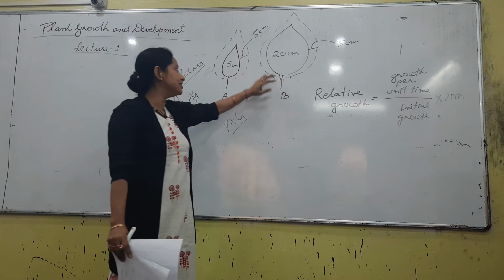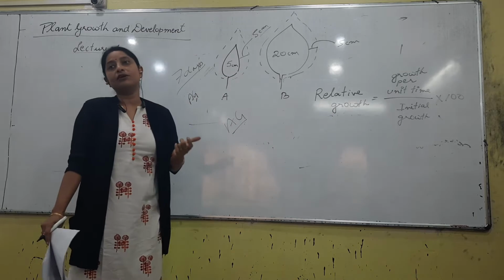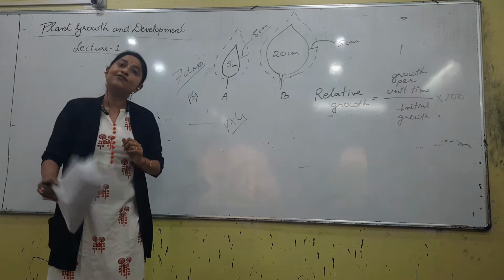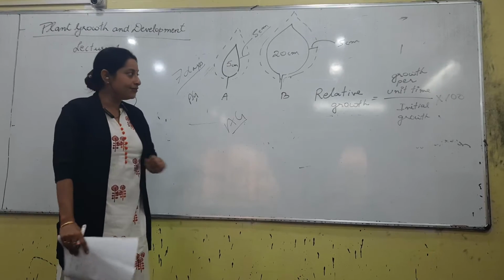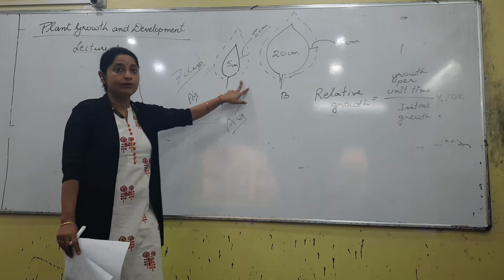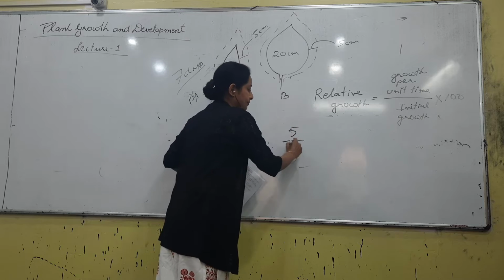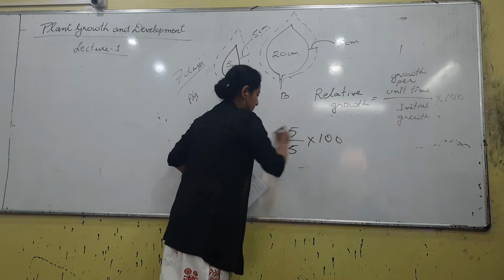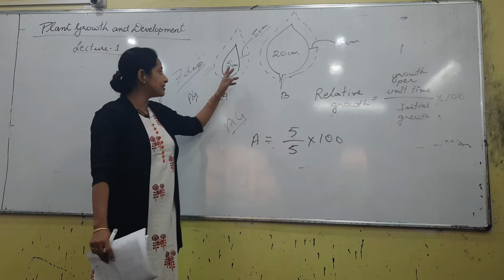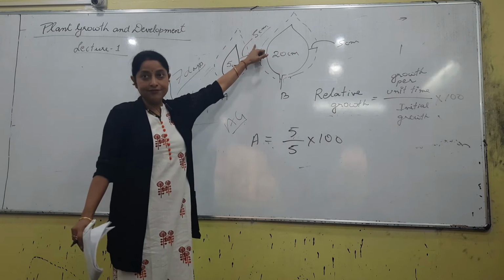And if you don't consider initial, A is also growing by 5, B is also growing by 5, both of them are growing by 5, so they have the same absolute growth, but they have different relative growth, right? Different relative growth. For leaf A, if we have to calculate relative growth, you have to go by this. So what will it be? Originally the initial was 5, growth was 5, right?